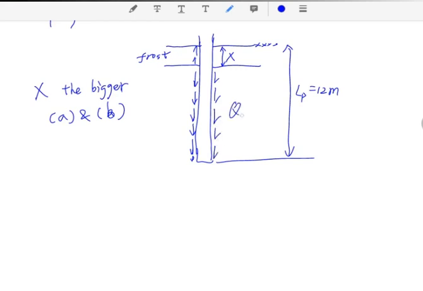Let's say this is QS, and this is Q at a freeze.